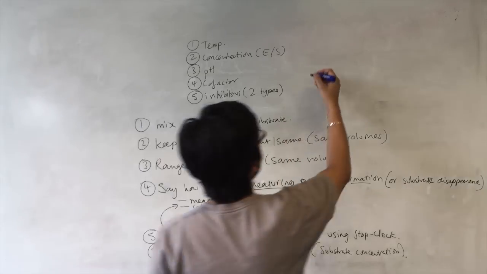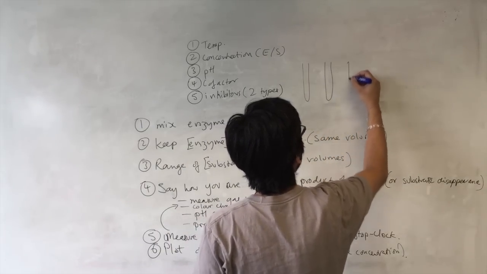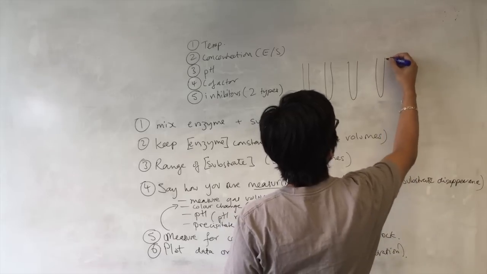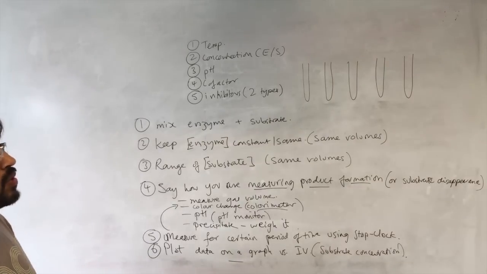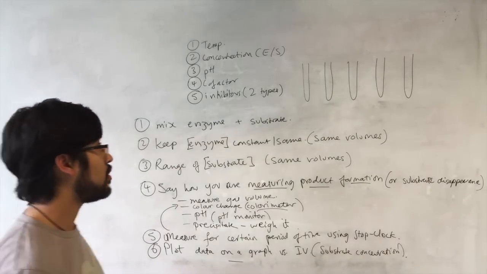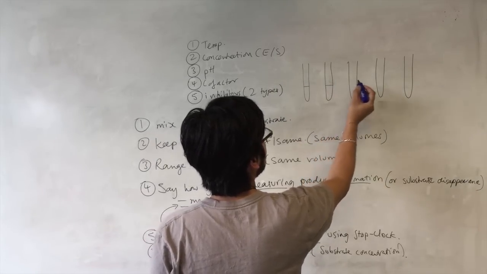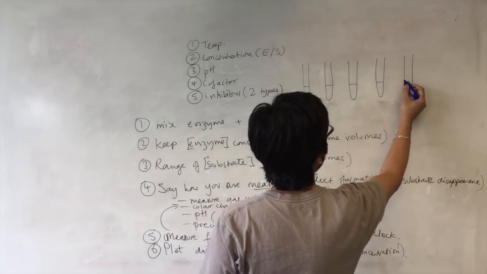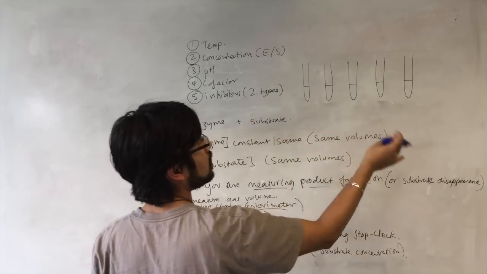So, let's say I wanted to see what the effect of substrate concentration was on catalase. All right, so what I would do is I would have fixed concentrations of the hydrogen peroxide in the tubes.